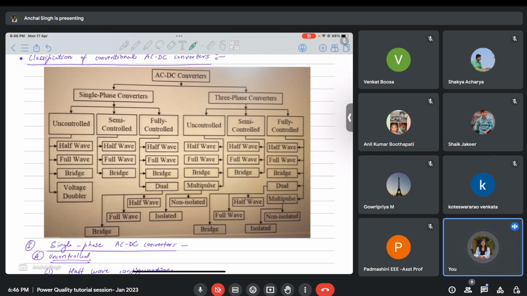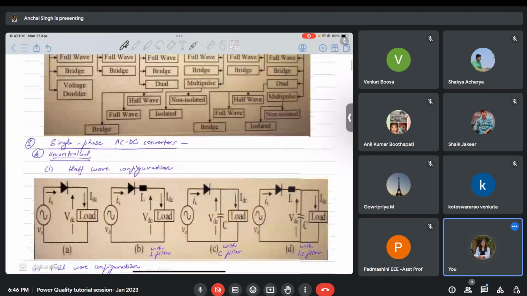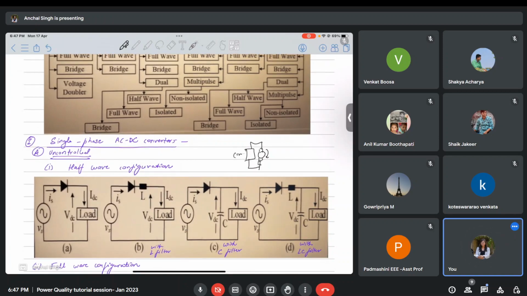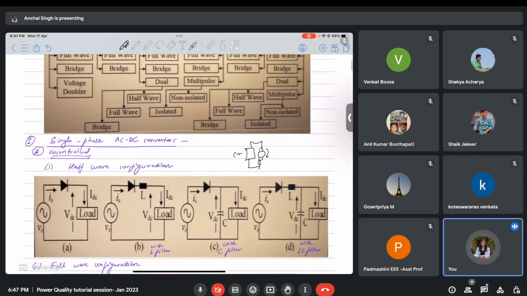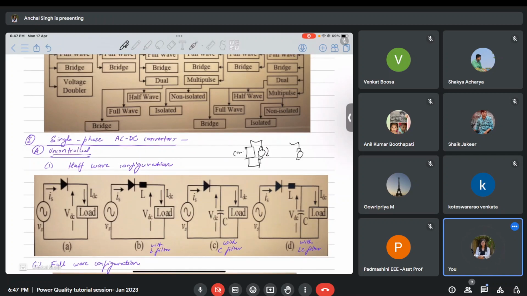So what is the meaning of dual? Suppose I have a motor and I have this converter, and I am able to rotate it in clockwise direction using this converter. If I want an anti-clockwise rotation also, I can connect two such converters in anti-parallel.